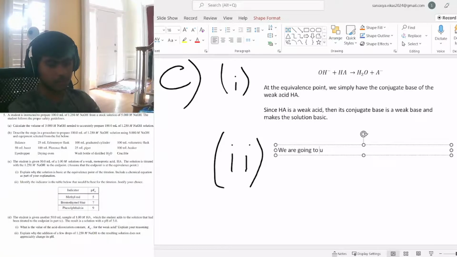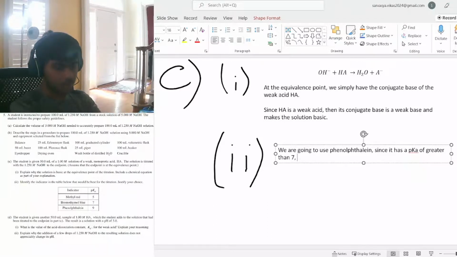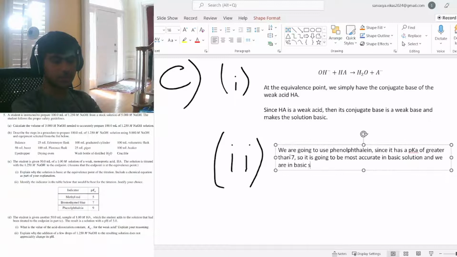So we are going to use phenolphthalein, since it has a pKa of greater than 7, so it is going to be most accurate in basic solution, and we are in basic solution for this titration.